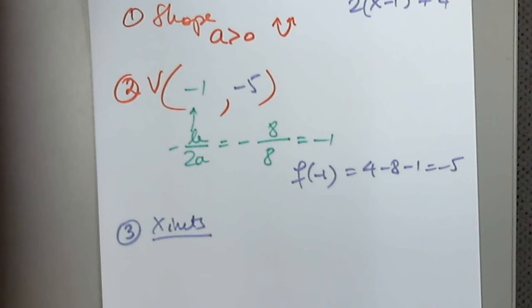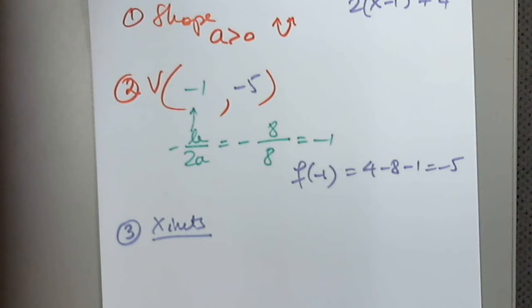What is the range? Negative 5 and up. We're talking about the y coordinates, right? The range, not the domain. So negative 5 to infinity, awesome.